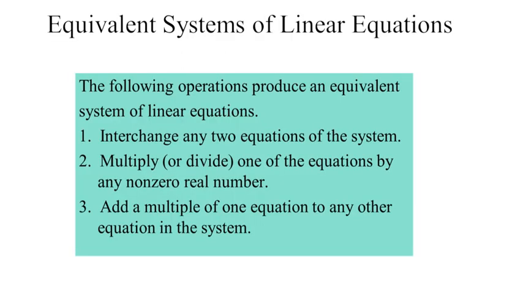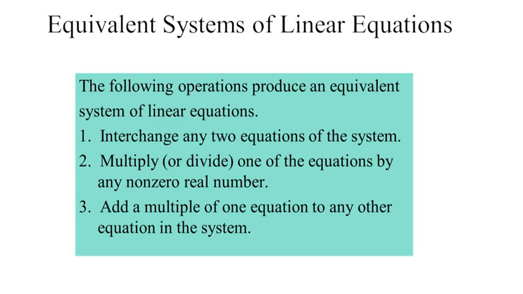First, we need to discuss some operations that will produce equivalent systems of linear equations. We can use these strategies to rewrite the equations in a different form that will allow us to work with them more easily. The first thing, we can interchange any two equations of the system. So if I want to switch the order of the first and second equations, I can do that.